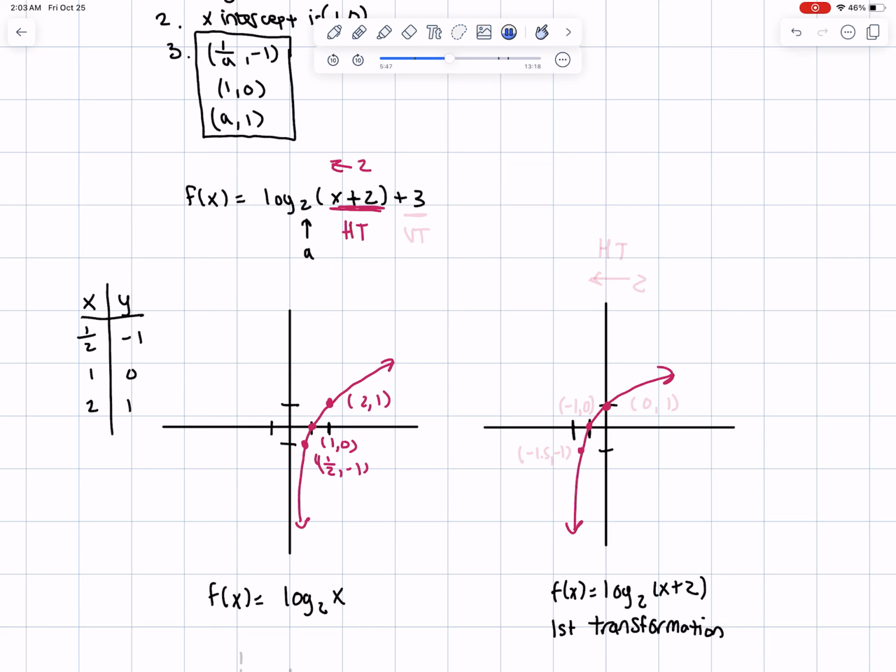Okay, now let's label our points. I just changed this to a decimal to make it easier for myself.